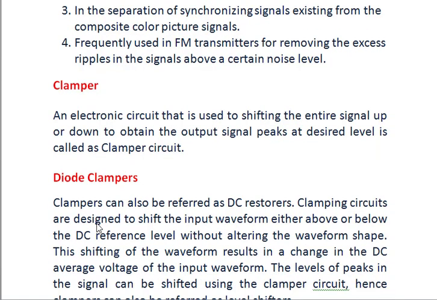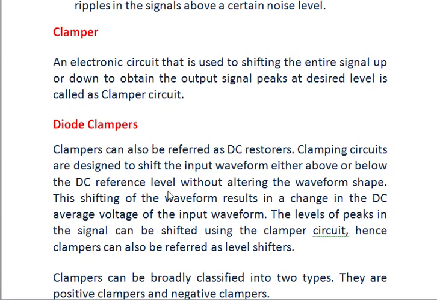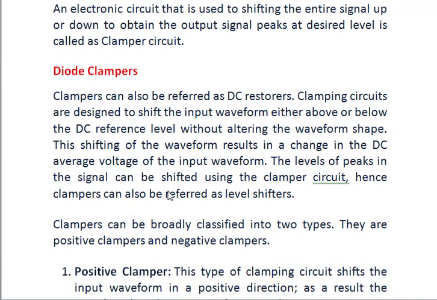Diode clampers are also referred to as DC restorers. Clamping circuits are designed to shift the input waveform either above or below the DC reference level without changing the waveform shape. This shifting of the waveform results in a change in the DC average voltage of the input waveform. The level of peaks in the signal can be shifted using clamper circuits.